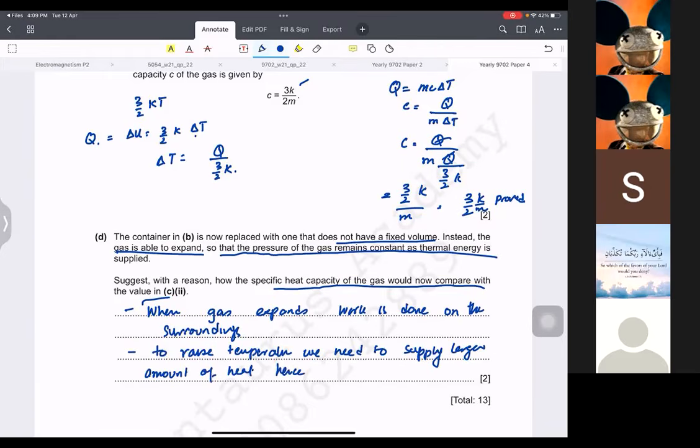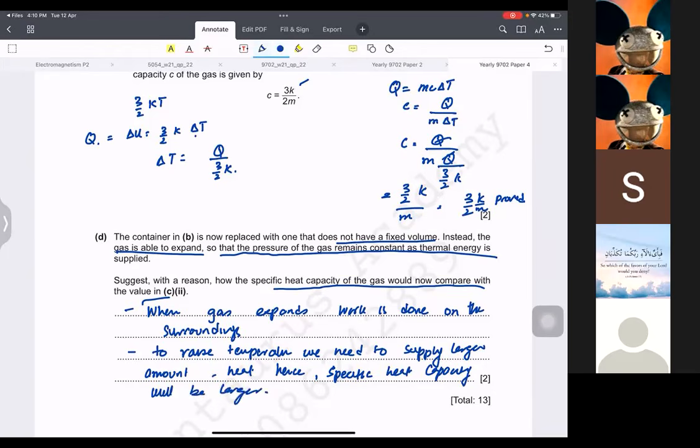Of course, if you're supplying more heat per unit temperature rise, then specific heat capacity will be bigger. Please do remember that.